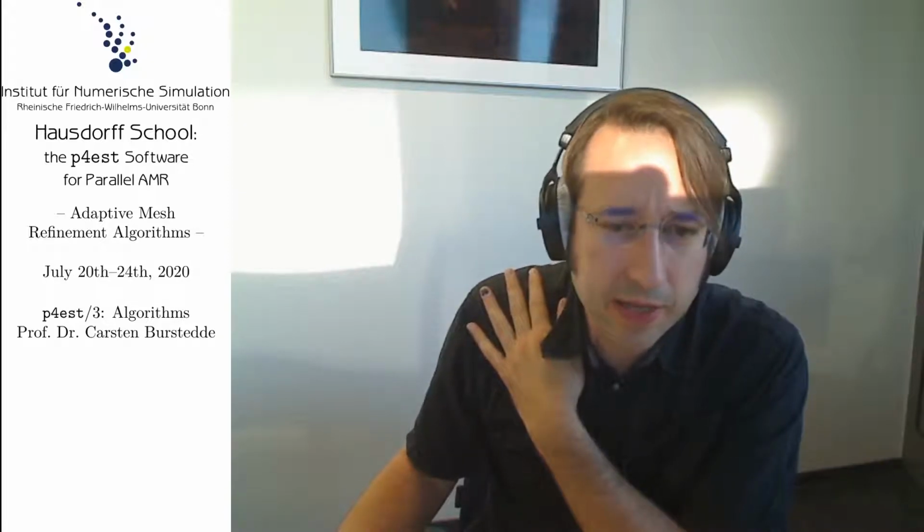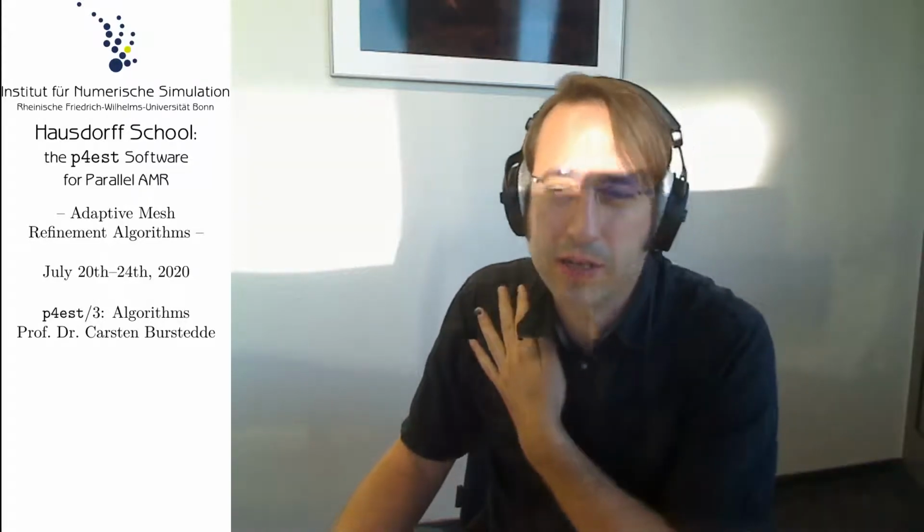I know it's not exactly easy, but we hope that it is well defined in terms of what's in there. So this is the documentation of the 3D connectivity that tells us how tree roots are connected. And this numbering convention, or the ordering convention, especially orientation, will show up everywhere.